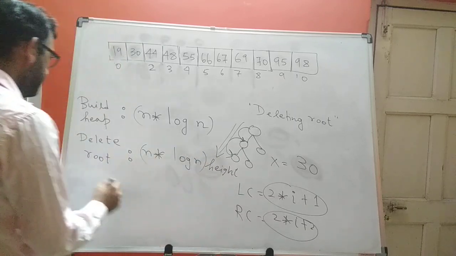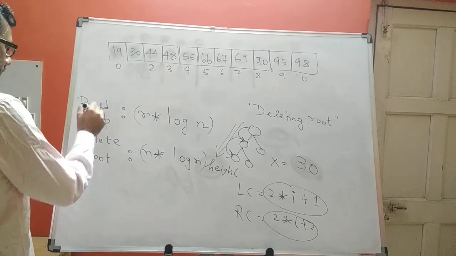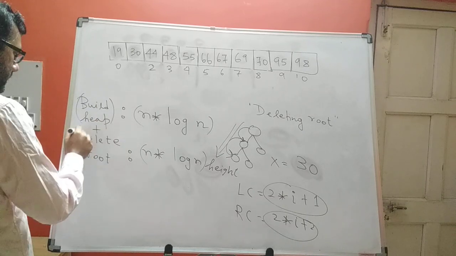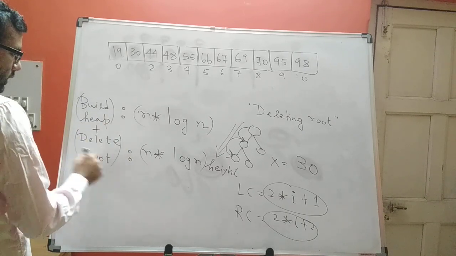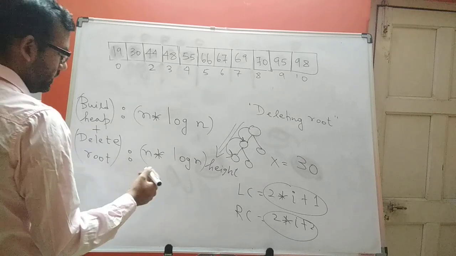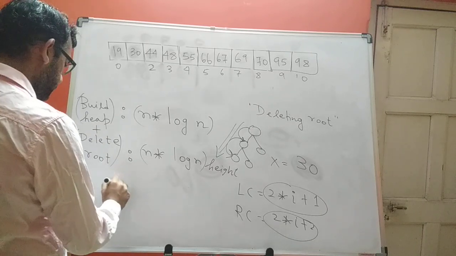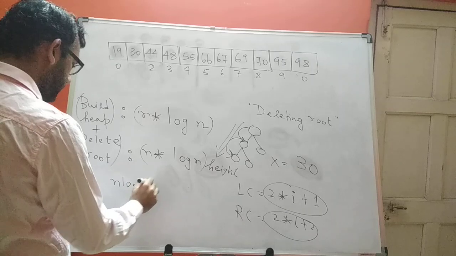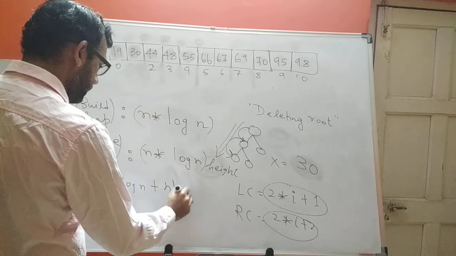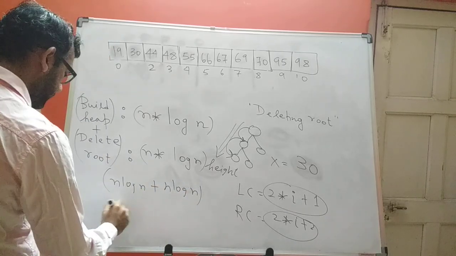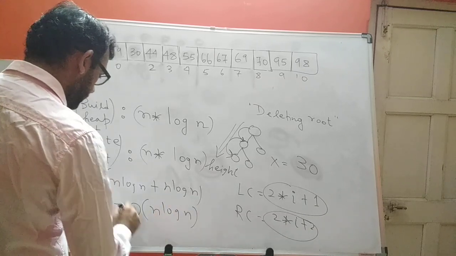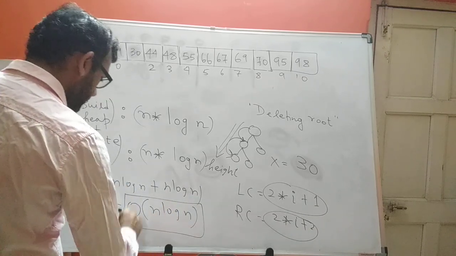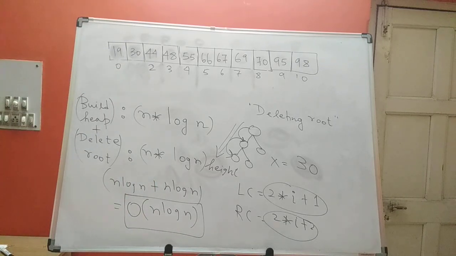So the total time taken is the build heap time plus the time taken to delete root nodes, so the total time would be n log n plus n log n, which in effect would give you an overall complexity of order of n log n. So this is the time complexity of heap sort.